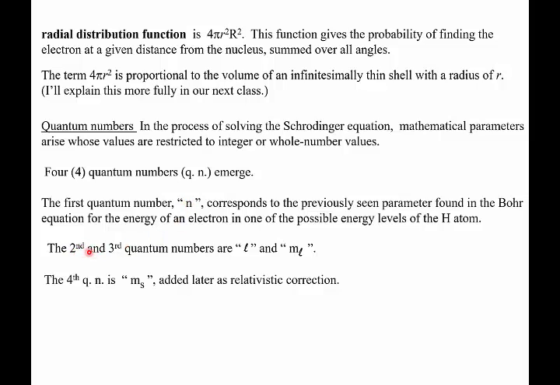The second and third quantum numbers are denoted as L and m sub L, respectively. There's a fourth quantum number denoted as m sub s, and it was actually added later as a relativistic correction. We'll explain that in more detail later.